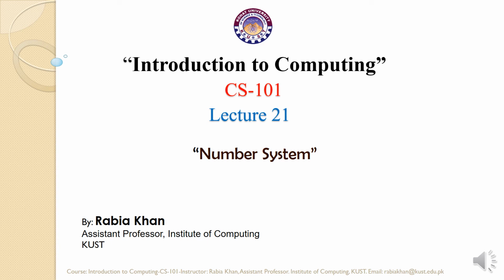The last number system is the hexadecimal number system, and as the name indicates, it consists of a total of 16 symbols, including 10 digits 0 to 9, and 6 alphabets A to F that collectively make a total of 16 symbols.